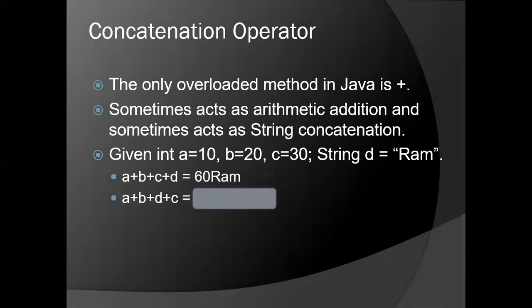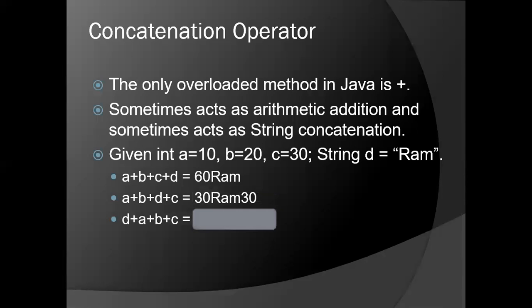What about this? A plus B plus... A plus B, 30 RAM? Or will it concatenate, like 60 RAM? No, as per the order. Okay, now this one is a little tough one. Try to answer.